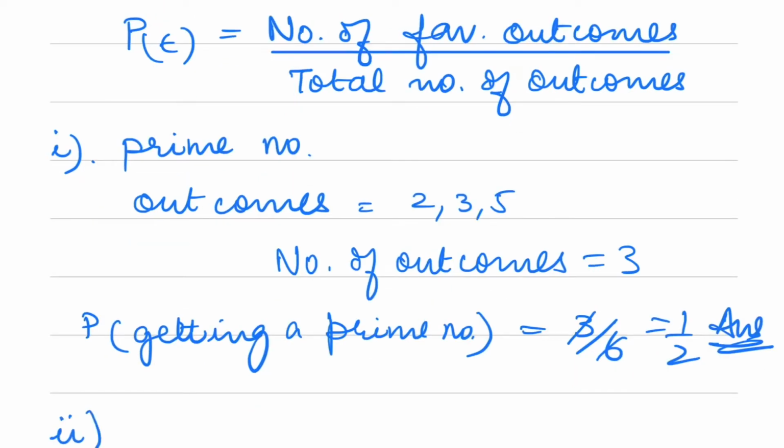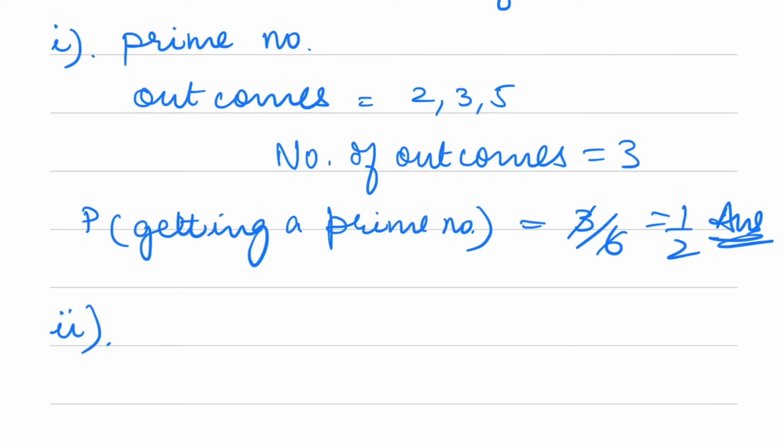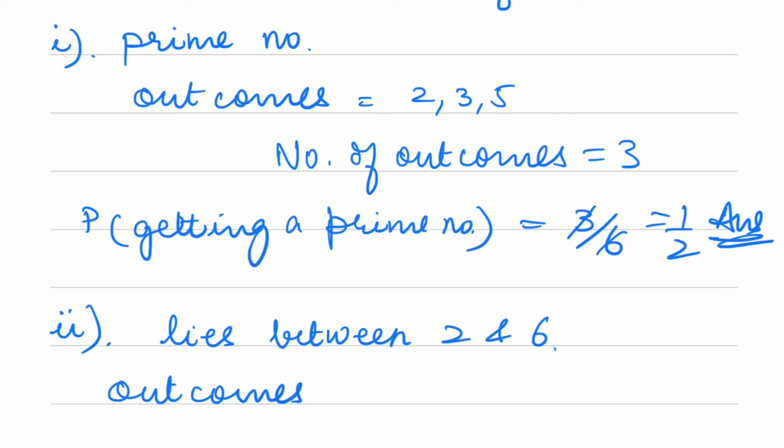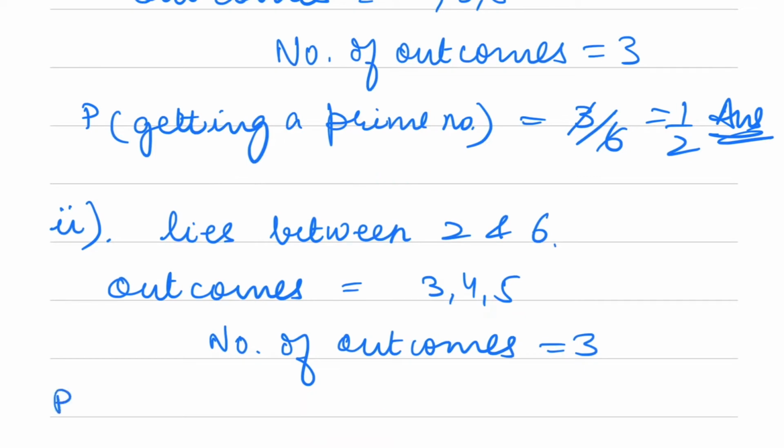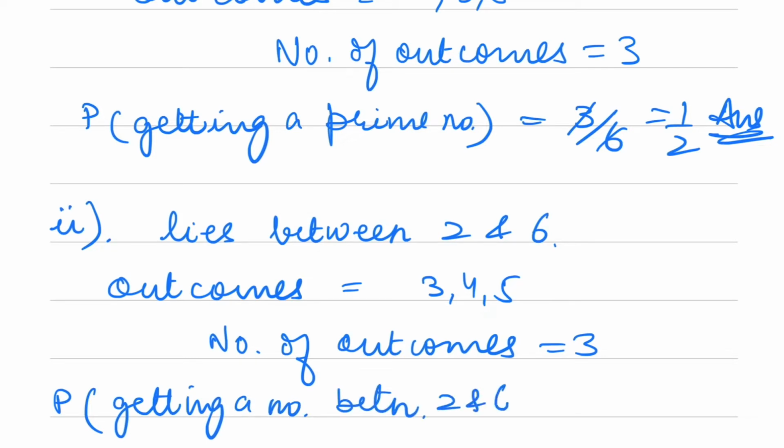Then the second part, we have probability of getting a number which lies between 2 and 6. So outcomes will be 3, 4 and 5. So here also number of outcomes are 3. So probability of getting a number between 2 and 6 will be equal to 3 by 6. Total outcomes are 6. So this is also 1 by 2.